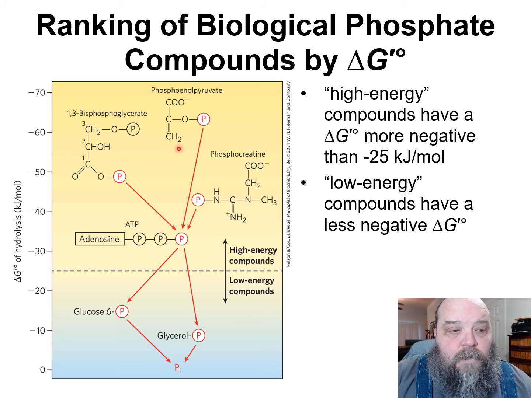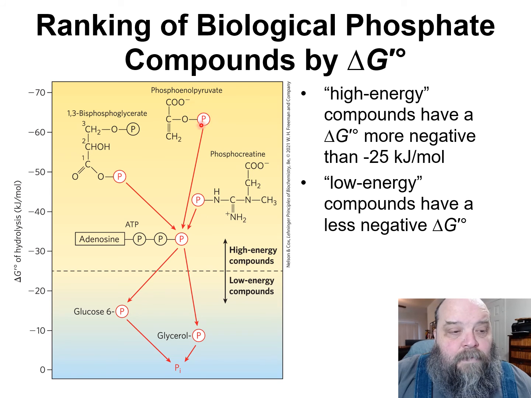Take phosphoenolpyruvate. That phosphate group is going to be transferred to ATP, giving it a lot of energy. Still a lot of energy just in the pyruvate itself, which is going to be transferred over to the mitochondria for the citric acid cycle. Phosphocreatine, remember that phosphate group we just talked about a few slides ago, gets added to ADP to give energy to ATP.